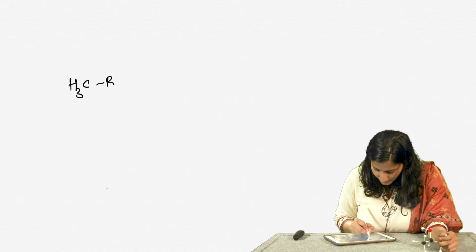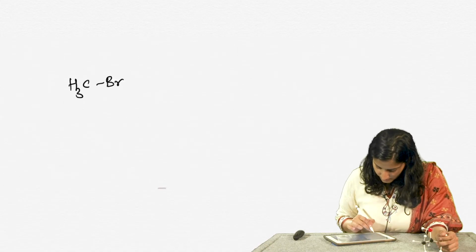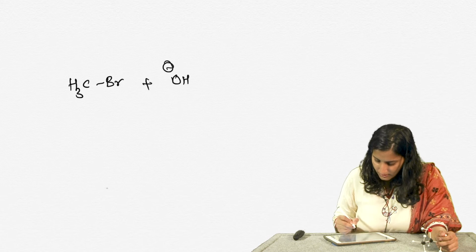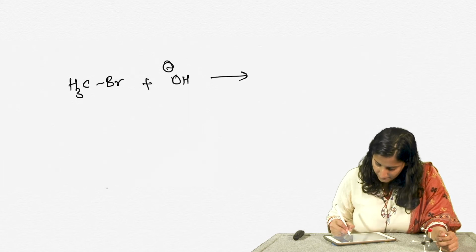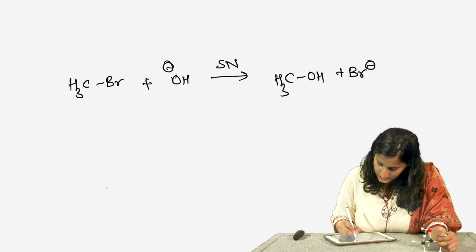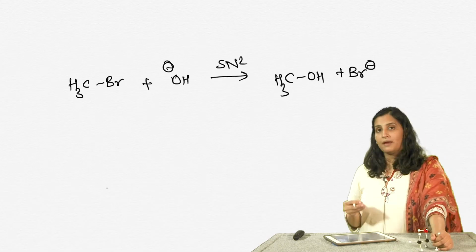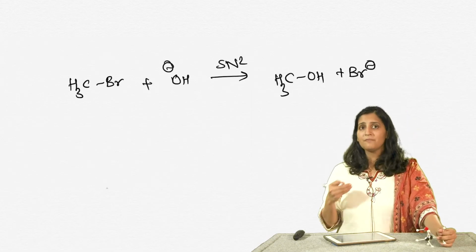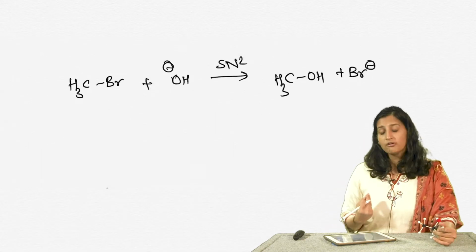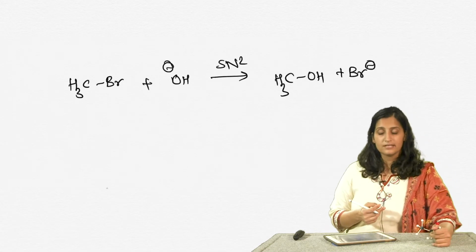So, for example, I can react methyl bromide, or let us say ethyl bromide, with hydroxide as a nucleophile and create methanol. So, you can do SN2 chemistry on a primary or a methyl carbon, sometimes even on a secondary carbon, to form the corresponding alcohol. So, hydroxide would be the nucleophile in this case.